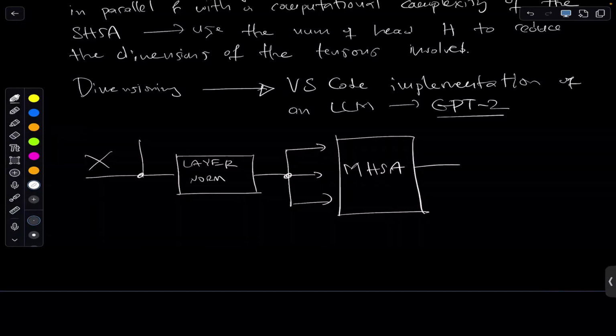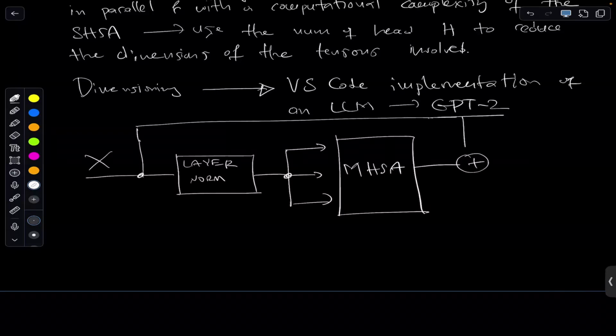And we will also see a skip connection, familiar to us. This skip connection has been with us since the CNN days with residual networks, and it is helping quite a bit for the same reasons here as well.